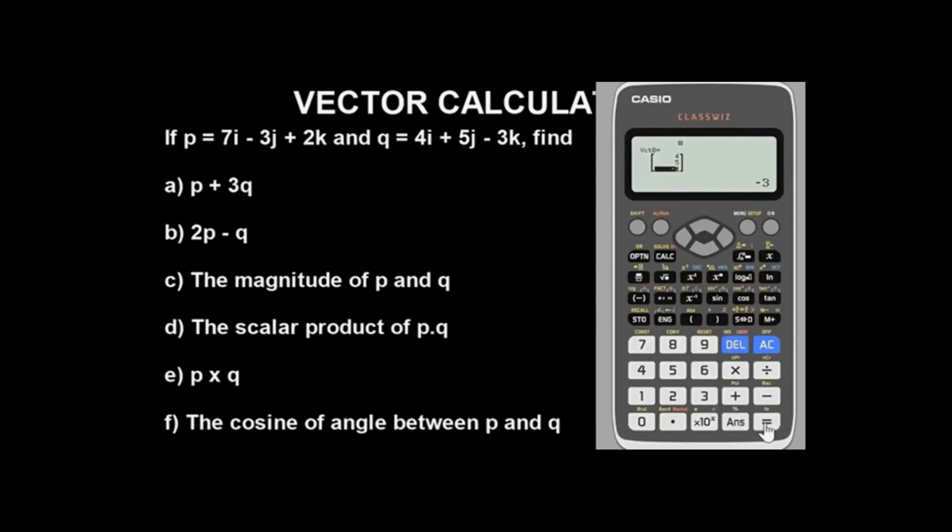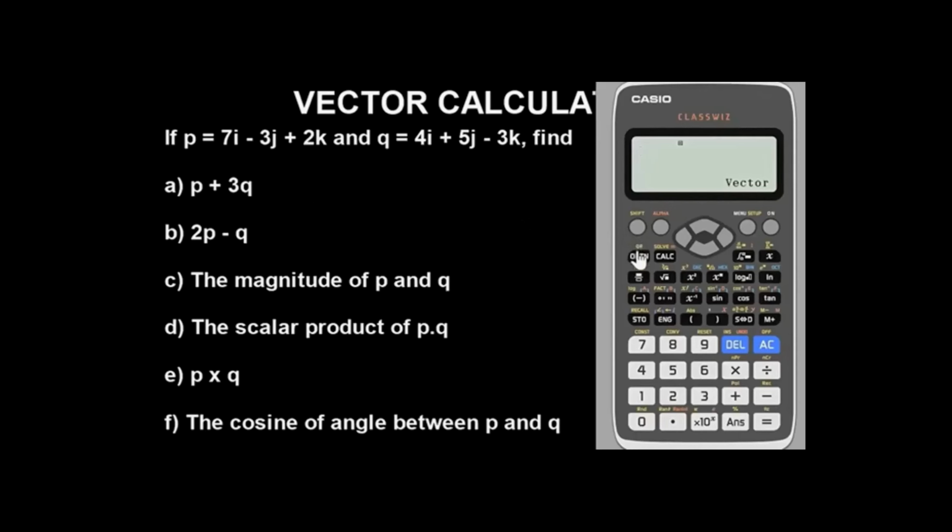Okay, so guys, the values are already stored automatically. So let's wipe this out and begin to find what we have to find one after the other. So question A part of it says we have to find the addition of vector P and 3 times vector Q. So very, very simple, guys.